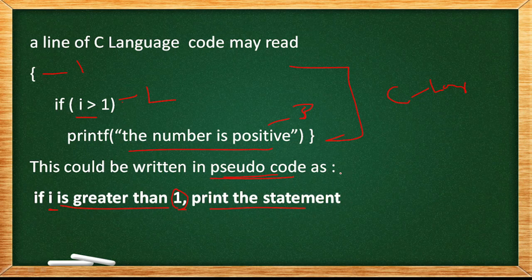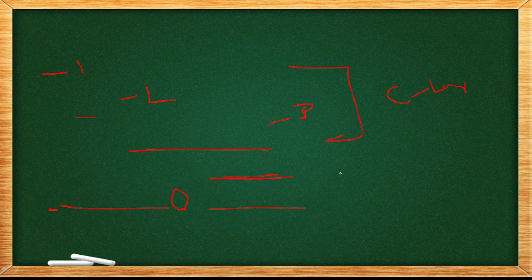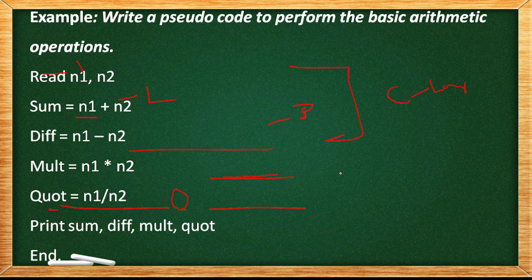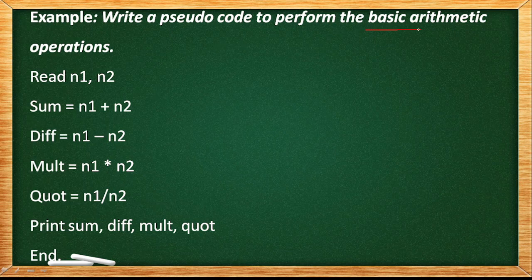Here is one more example, writing pseudocode for basic arithmetic operations, adding two numbers.